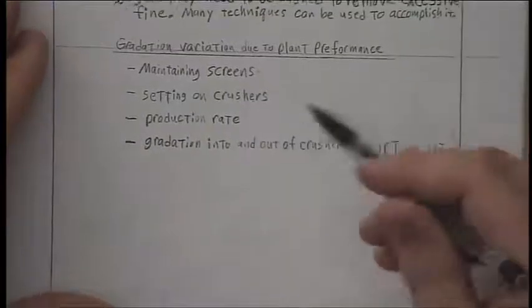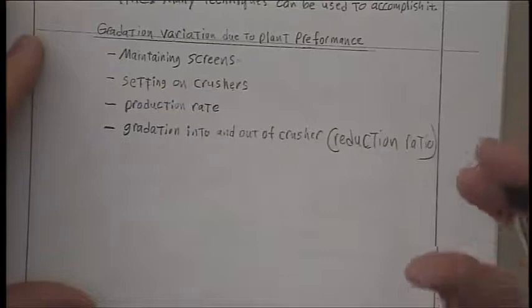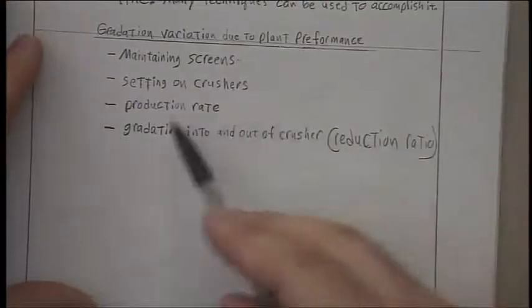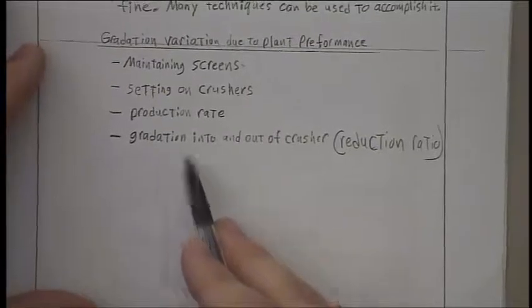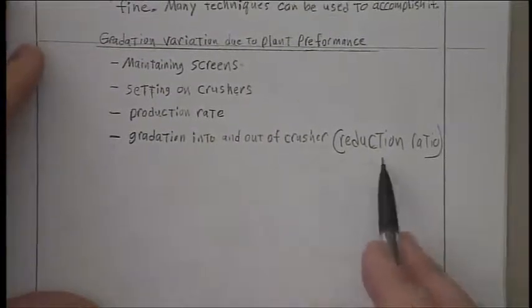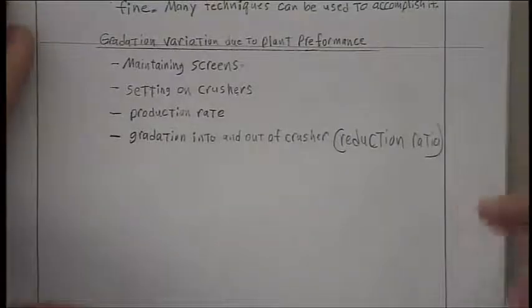If it's a jaw crusher, you can change your capacity and your production rate, and the gradation in and out of the crusher from your reduction ratio. That will also affect your gradation variation.